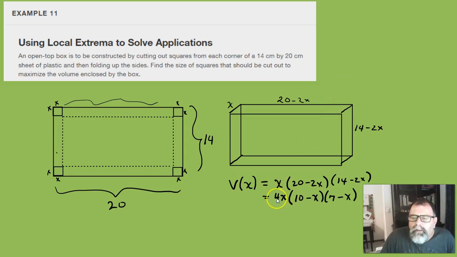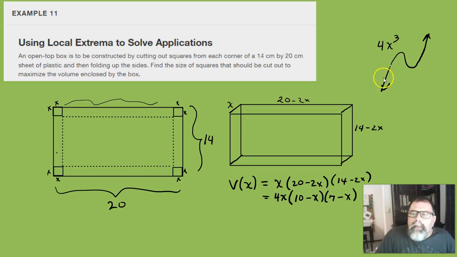Oh, actually, if we were to multiply that out, it'd be 4x squared, negative, and then negative makes it positive. So the leading term is 4x to the third. So it's going to do something like this, and we'll have up to 2 turning points.